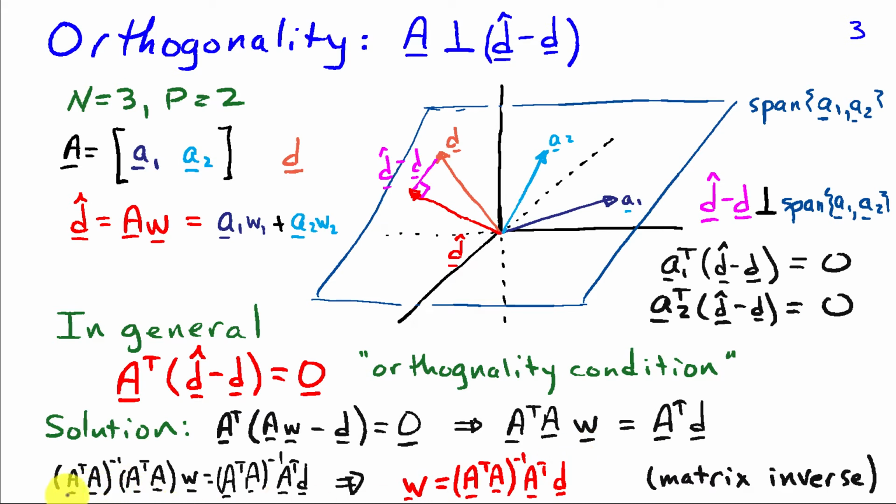We're multiplying on the left by A transpose A quantity inverse, and assuming that we have an inverse, in other words, this product is equal to the identity matrix, then we're going to solve for W and find that it has to be equal to A transpose A inverse times A transpose d. So this orthogonality condition leads to a very simple algebraic solution for W.